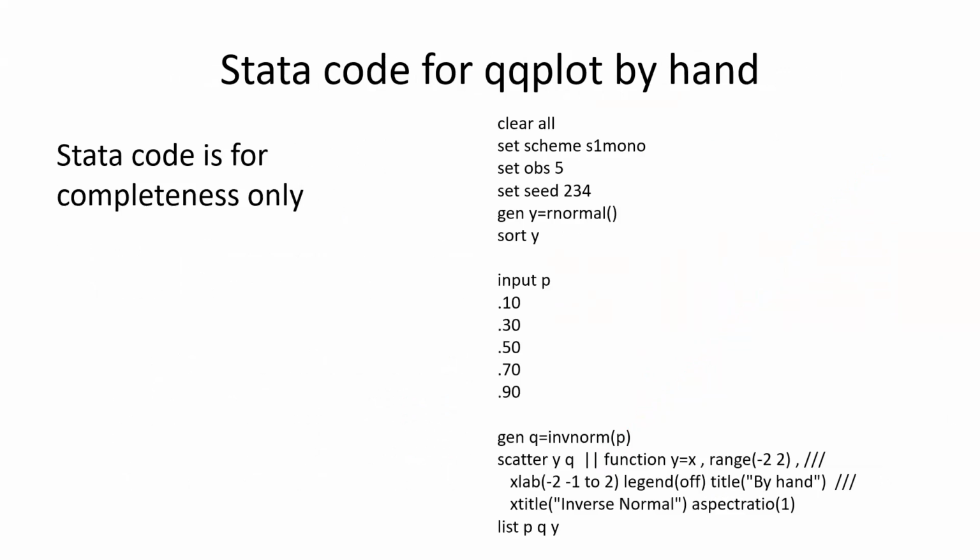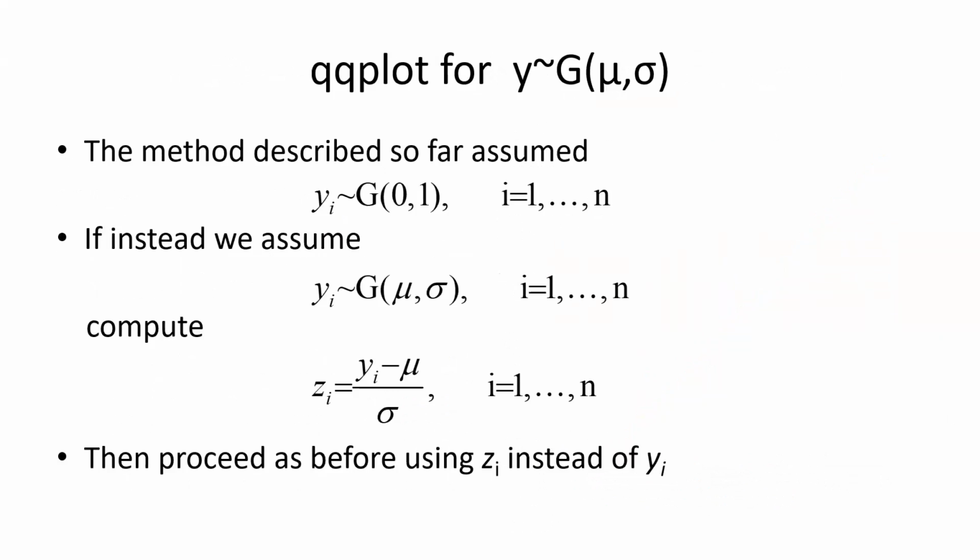And yeah, here's some code of how I did this. And the other thing is, we said it's normally distributed 0, 1, but in general, we are interested in normally distributed mu, sigma. But that's easy to fix because we just subtract the mu and divide by the sigma. Then we get standardized variables, and the standardized variable has a distribution of normal 0, 1. And then we are back to what we know, right?